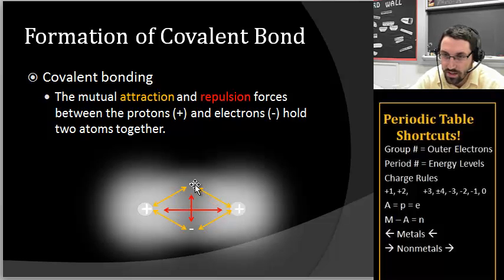However, the electrons are going to be drawn towards both nuclei. So you get some attraction from both electrons towards both nuclei, and some repulsion from the protons to each other, and also the electrons want to avoid each other. Overall, this has a net effect of pulling the atoms together.